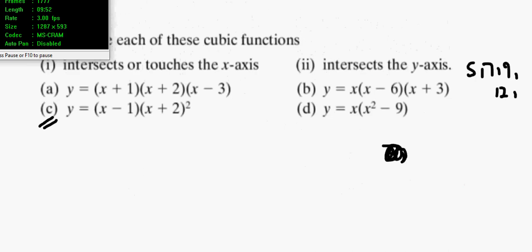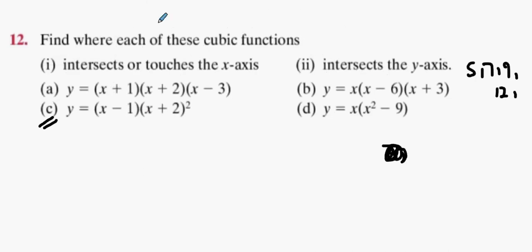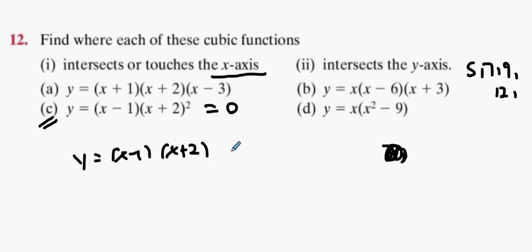Ready? Alright. We're going to solve equal to 0 for where it touches the x-axis. So we're going to get y equals x minus 1, x plus 2, and x plus 2 all equal to 0. X equals 1 or x equals minus 2.